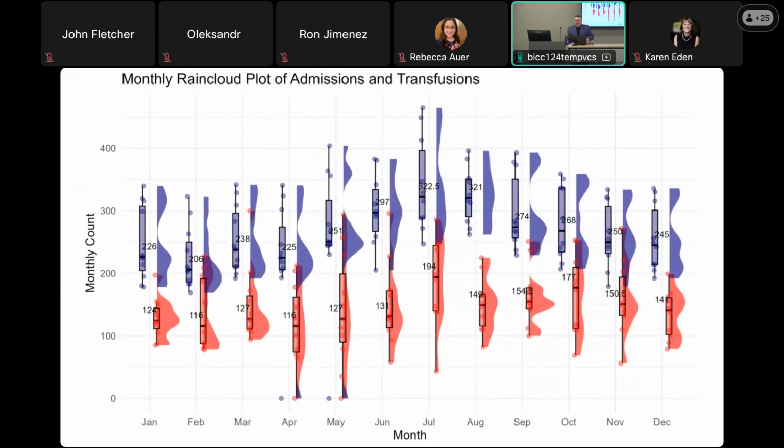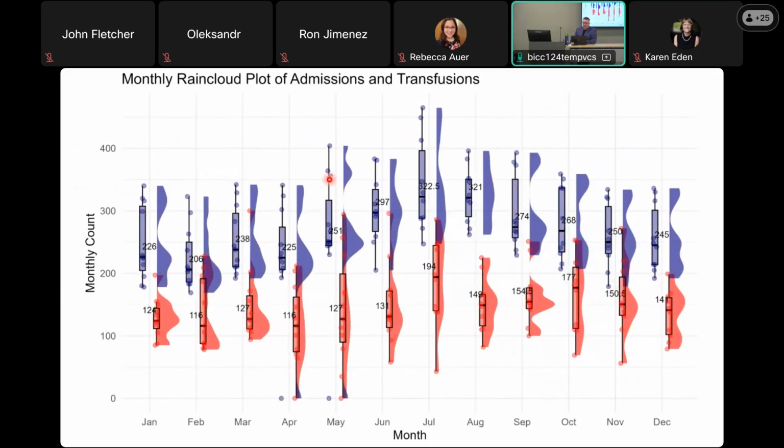The problem with the trauma patient population is trauma is a seasonal condition. And on this graph, blue shows admissions, red shows transfusions. Transfusions in units transfused, not in number of transfusions itself.